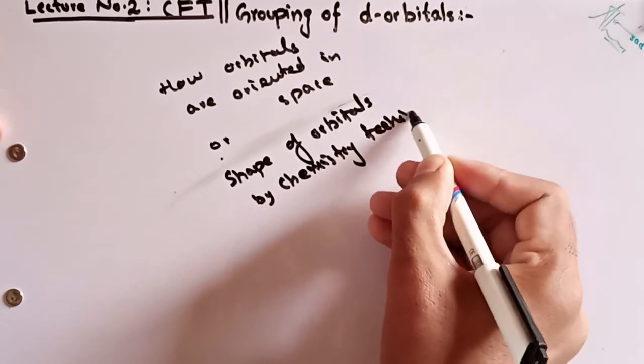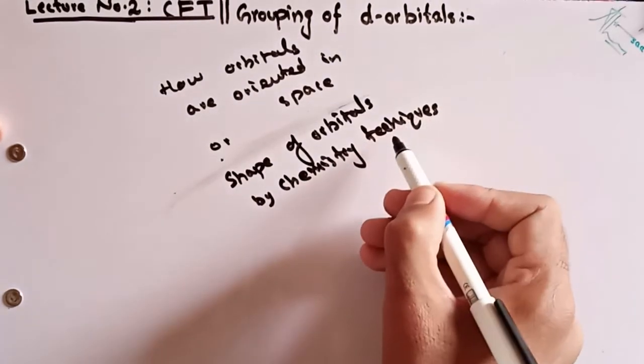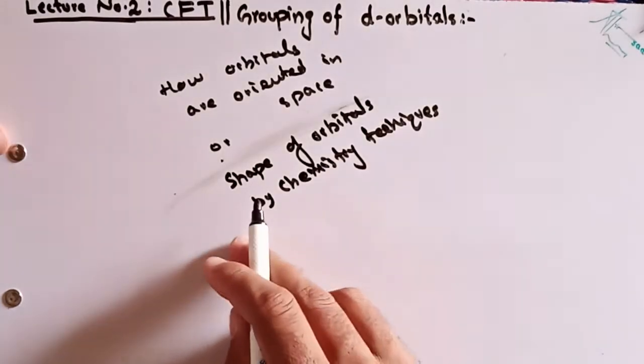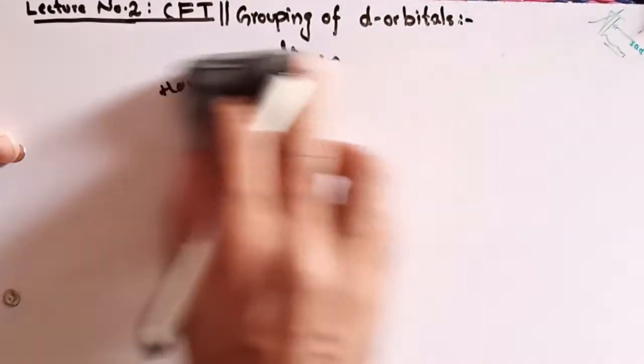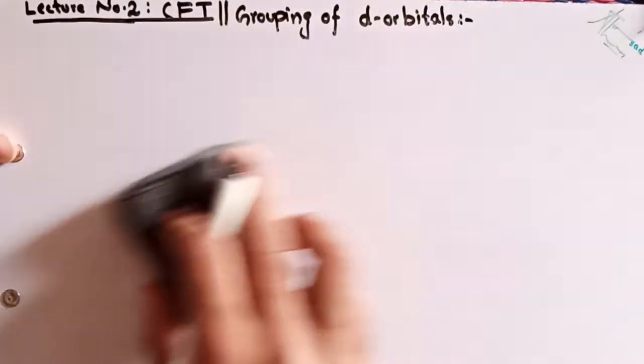I explained the shapes of different orbitals in great detail, and this video is almost 22 minutes.